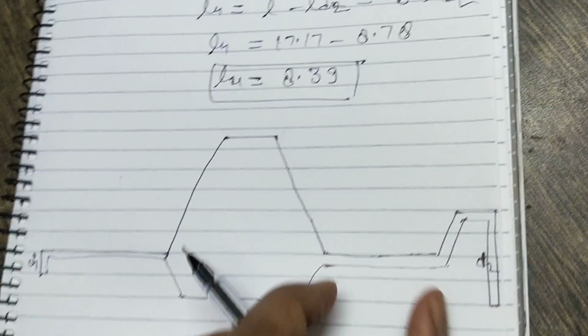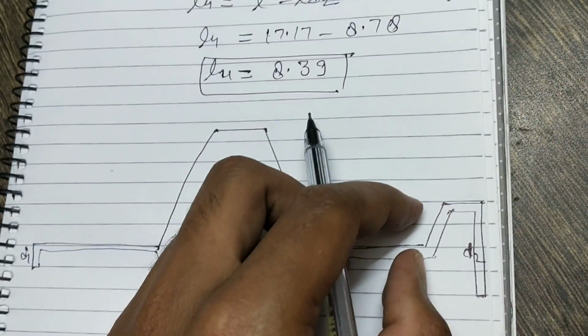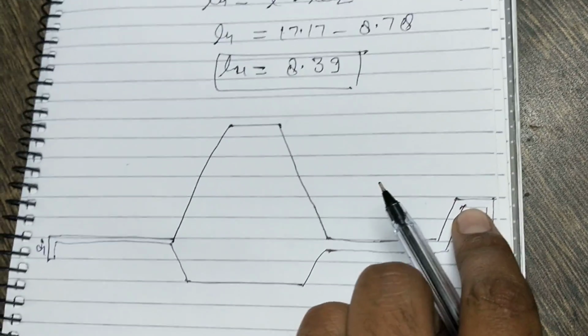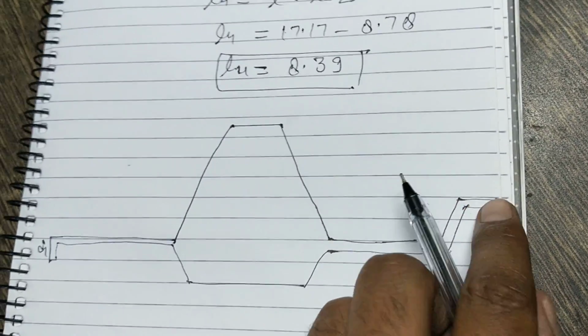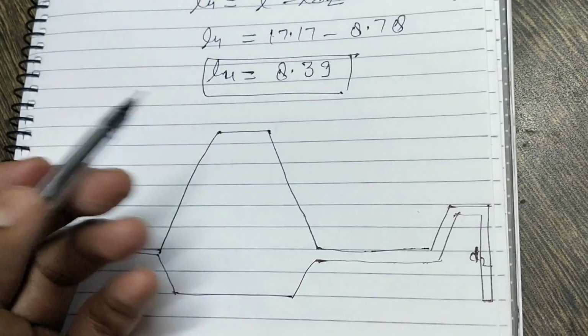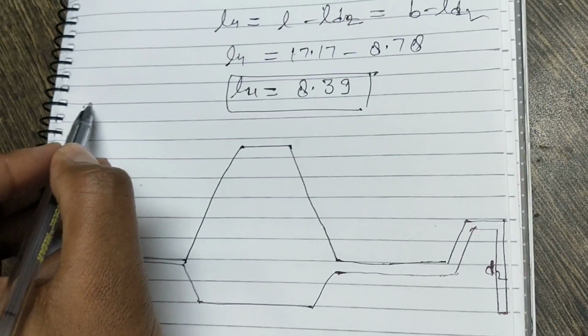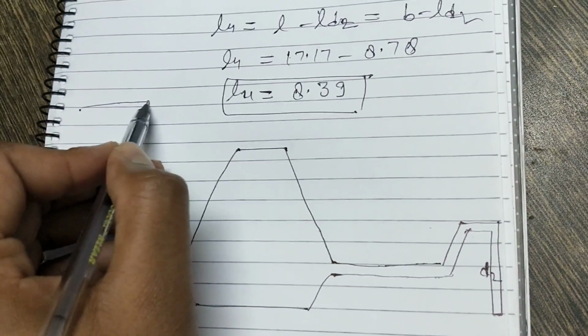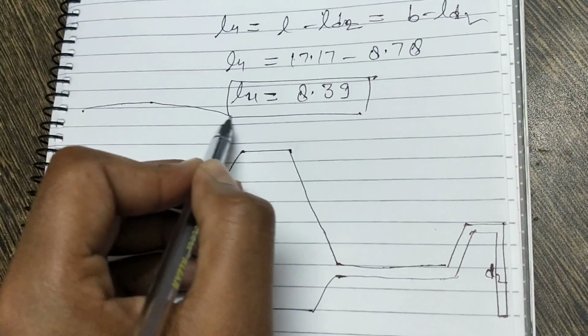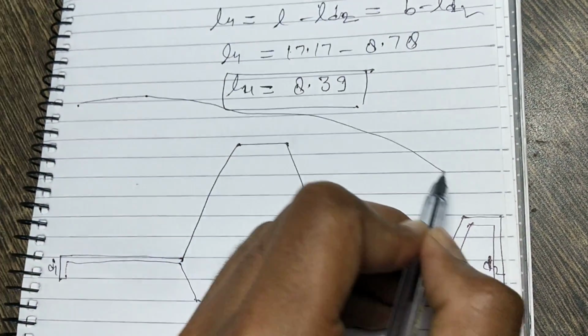You have to show all the things: length of cistern, depth of cistern, thickness of impervious floor, downstream bed, upstream bed, as the fall of water will be like this.